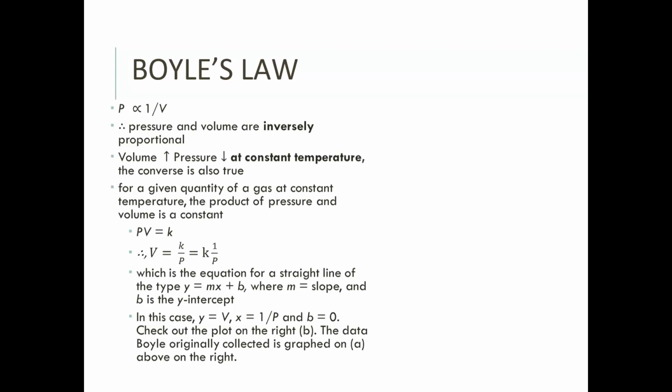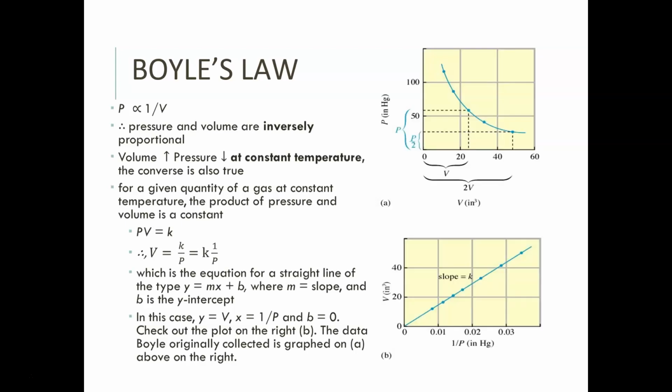It's inverse. And so what we start to look at is this idea that PV is equal to this constant K. We can figure that out a little bit more easily. And then we get the relationship that we need to use. So when we're looking at trying to find what K is, if we can get the slope of the line where we have 1 over P over V, or we do P over 1 over V, either way it works.